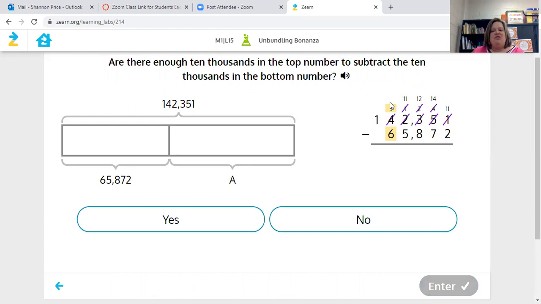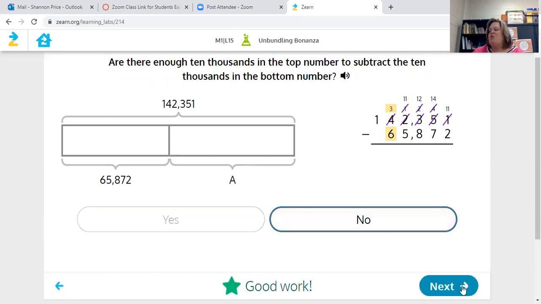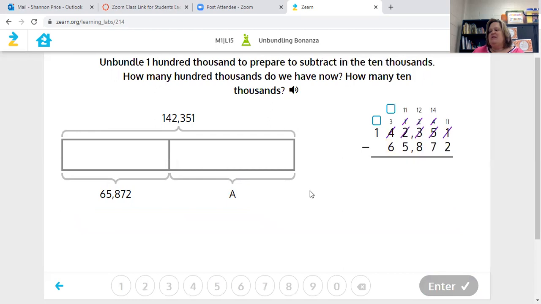Now can I have 30,000 and minus 60,000 from it? No, can't do it. So now I'm going to borrow again from my 1. And of course, if I borrow a 10,000, I now have 0 10,000s, but I add it here. So now I have 13. Well, that was 0 100,000. I'm sorry. Now I have 13 10,000.